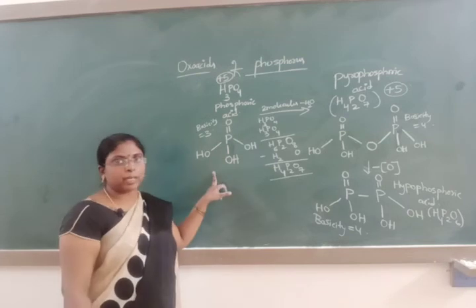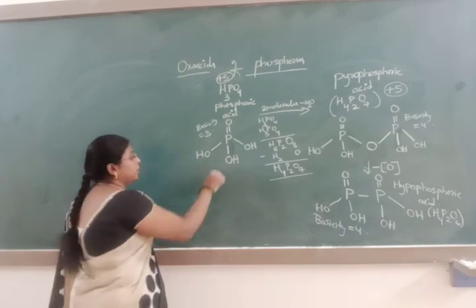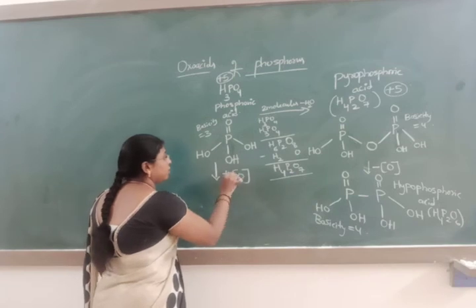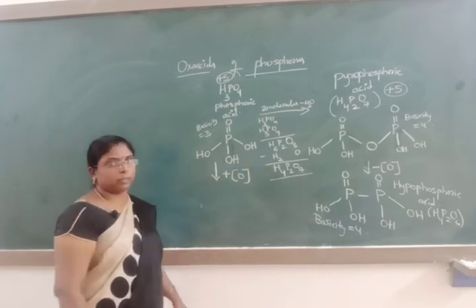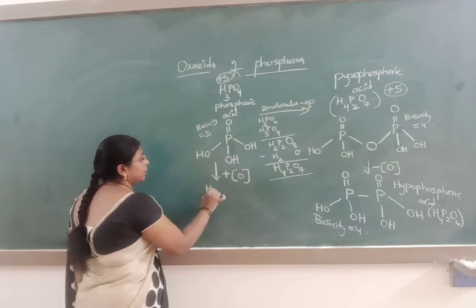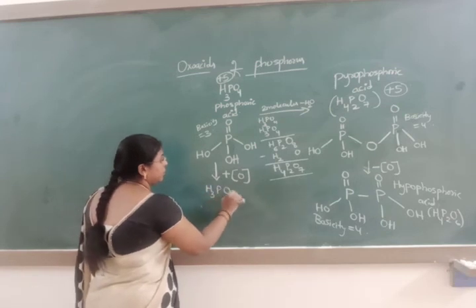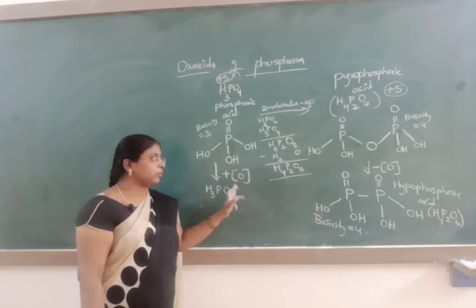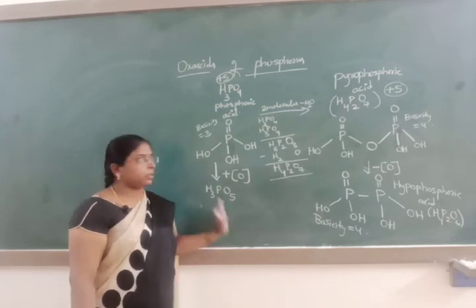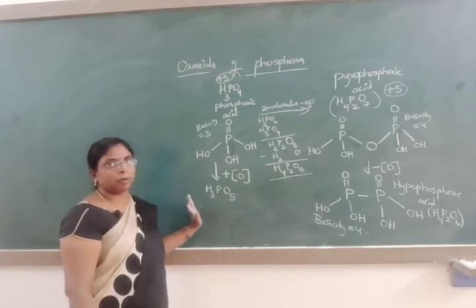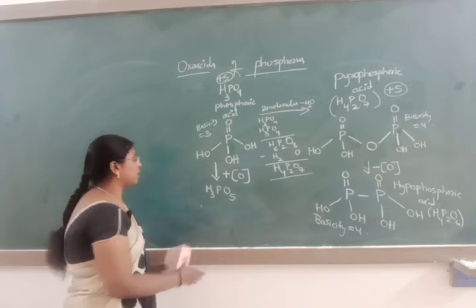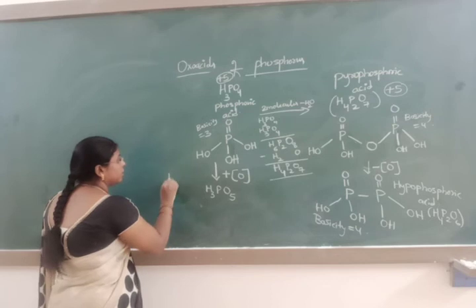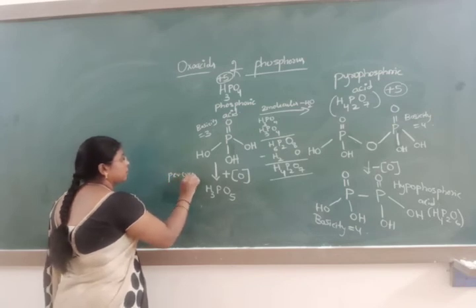Using phosphoric acid, if one oxygen atom is added here, it becomes H3PO5. Whenever you add an extra oxygen, it is known as peroxo. The name of this compound becomes peroxo monophosphoric acid.